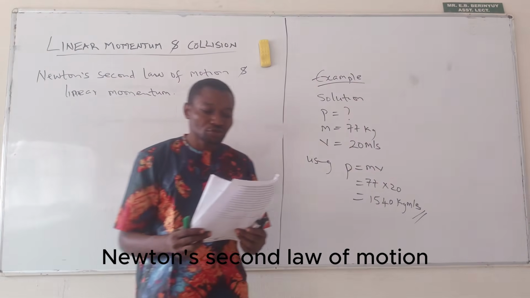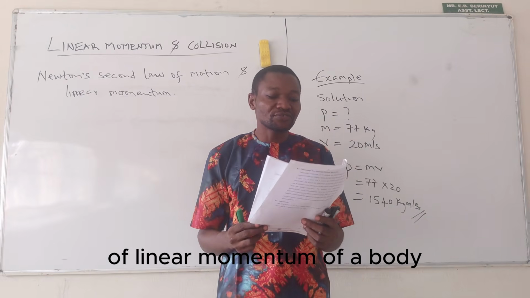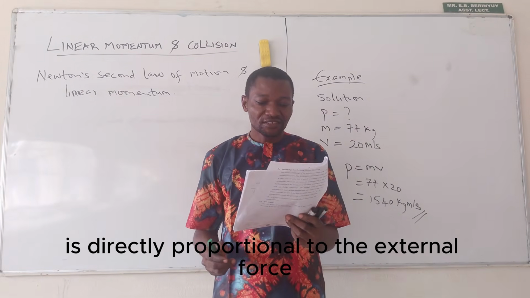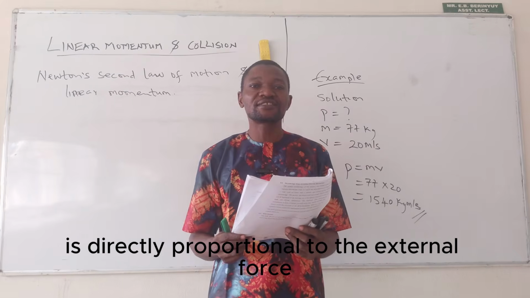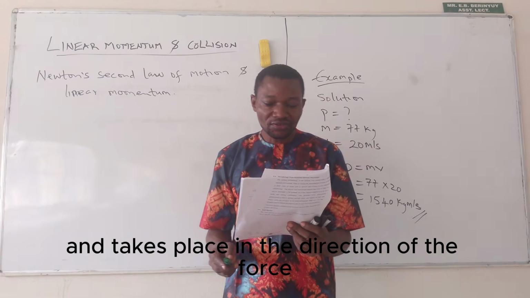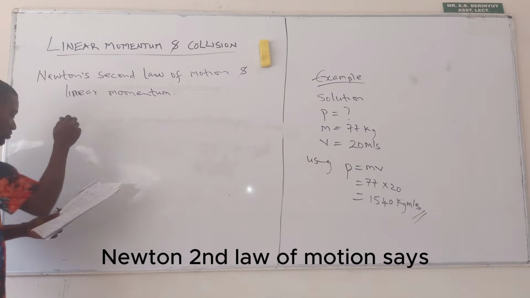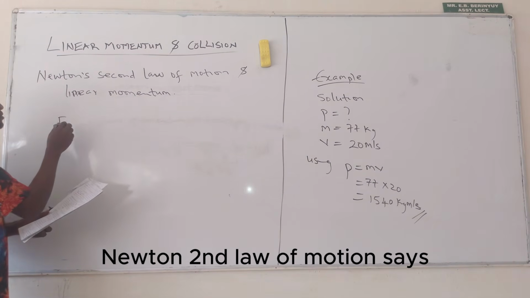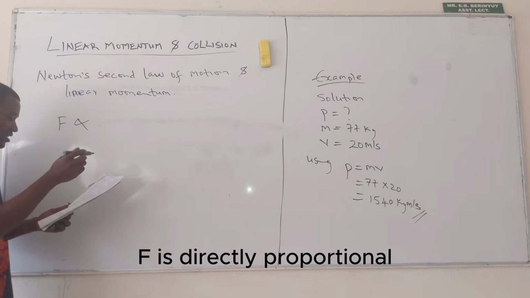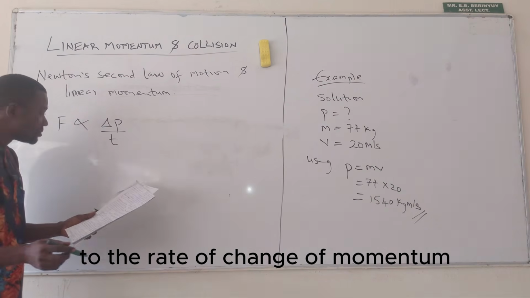Newton's second law of motion states that the rate of change of linear momentum of a body is directly proportional to the external force and takes place in the direction of the force. So mathematically, F is directly proportional to the rate of change of momentum.